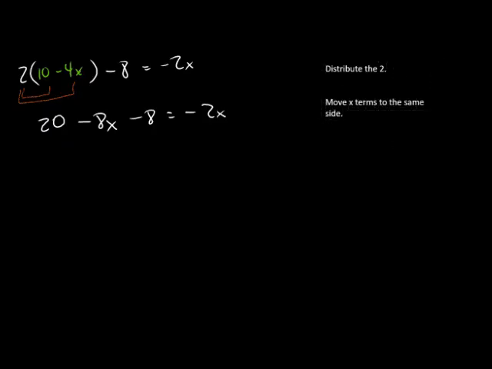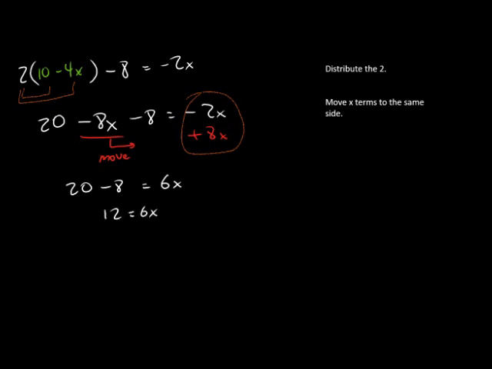To do this, we'll take this negative 8x and move it to the other side. When we move it, it will become positive 8x. So on the left we will have 20 minus 8, and on the right we'll have negative 2x plus 8x. This will give us 6x. 20 minus 8 will give us 12 equals 6x.